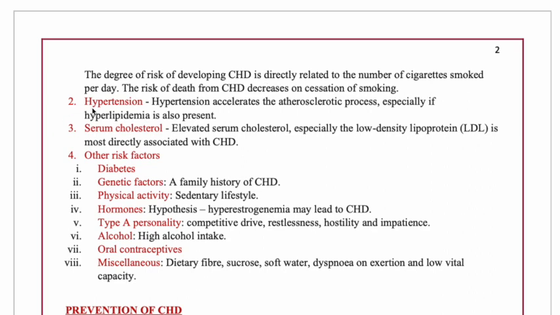Next is hypertension. The blood pressure is considered as the most useful test for identifying high risk individuals of CHD, and hypertension accelerates the atherosclerotic process, that is the formation of plaque, especially if the person has hyperlipidemia also.